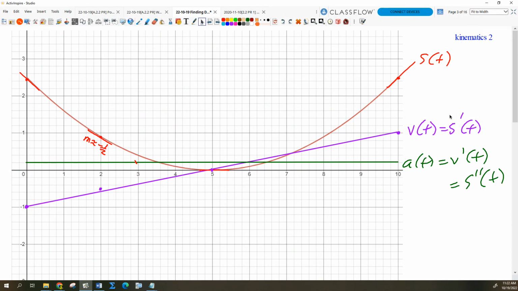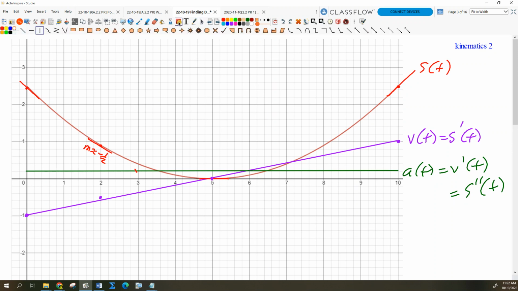If you absorb this, the light bulb goes on. The slope of the position graph corresponds to the value of the velocity graph, because velocity is the derivative of position, and what that means is the slope of the position curve.